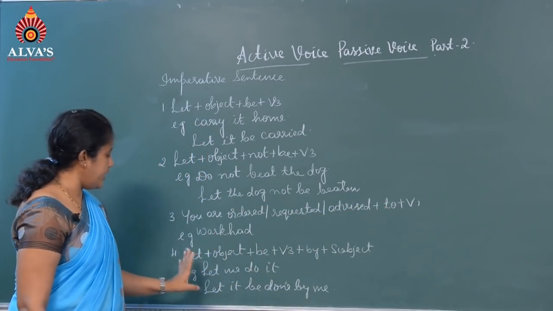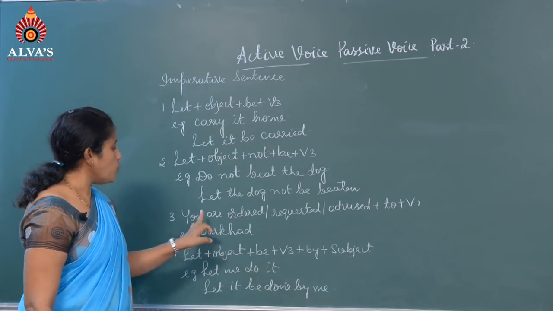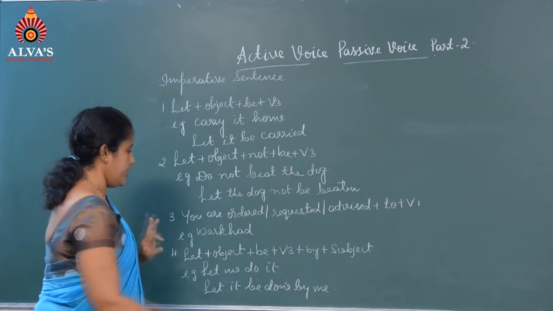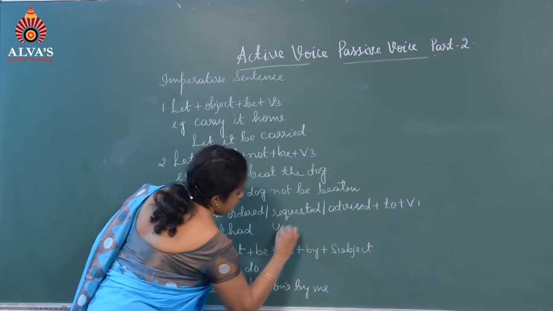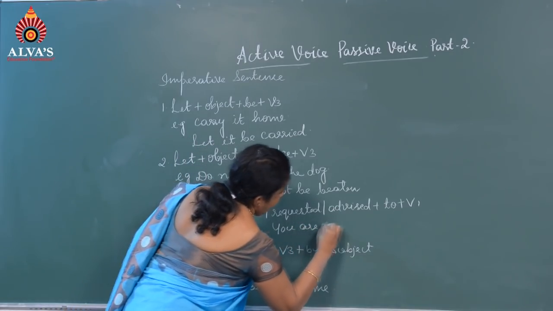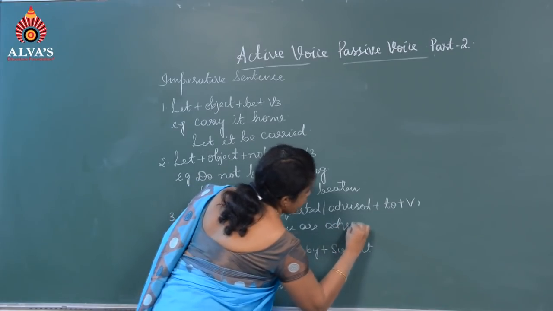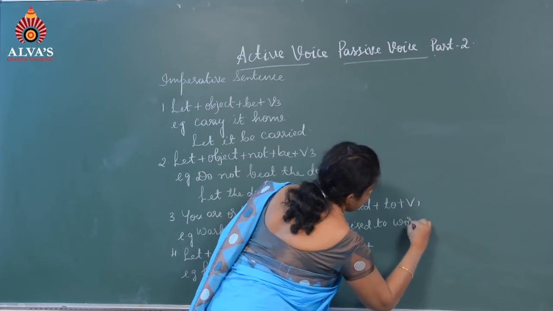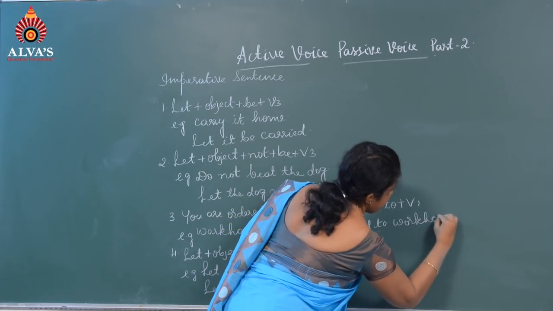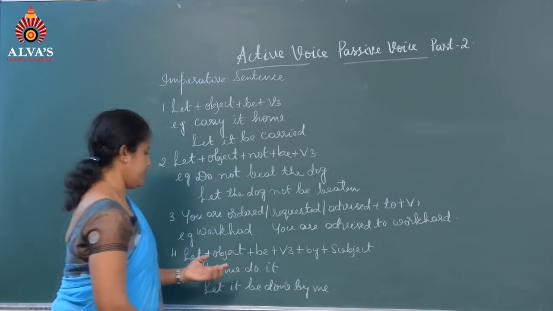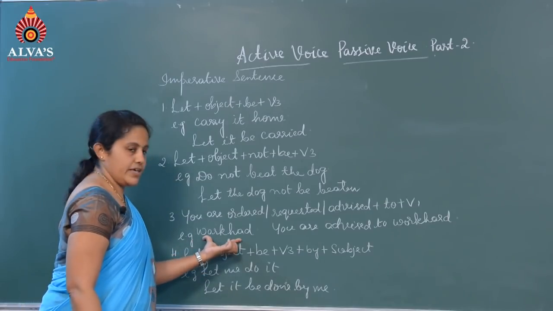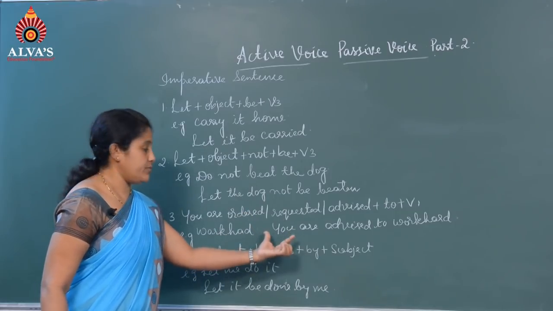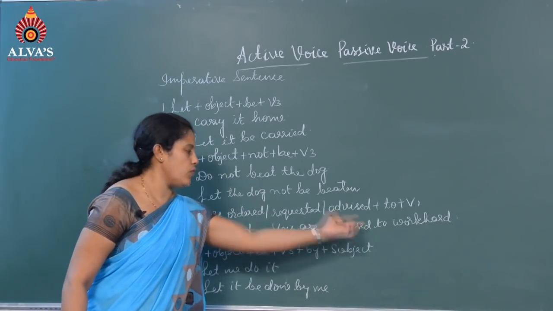Here work hard, we have to write you are advised to work hard. Work hard is the example. When we write in passive voice, we have to write you are advised to work hard.